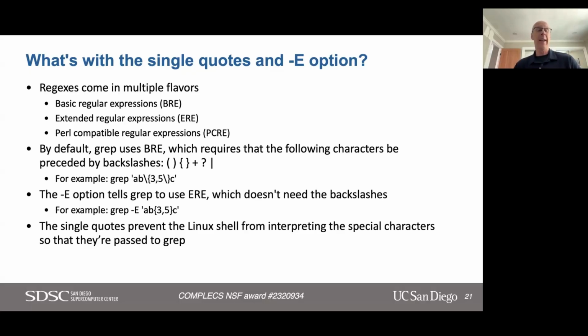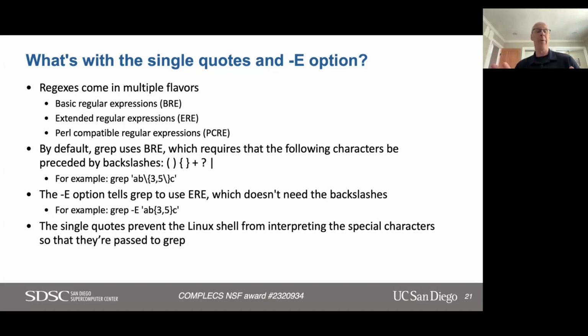So if we're using the basic regular expressions, for example, if we wanted to search for A followed by anywhere from 3 to 5 B's, I would have AB backslash curly brace 3 comma 5 backslash curly brace C. It works, but it's a little more awkward, a little bit harder to read, easier to make mistakes.